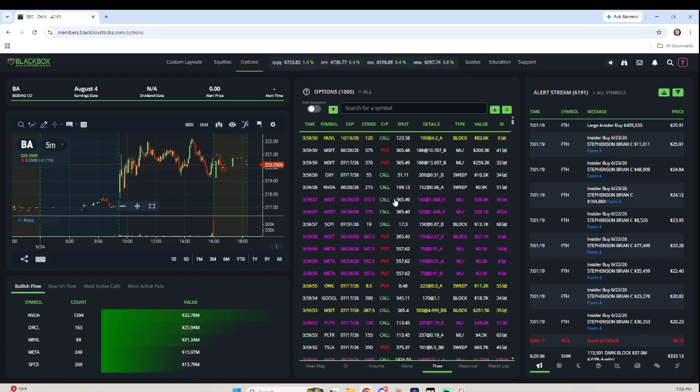So the biggest thing with flow would be to build a story. But if you're just going to blindly follow options flow, I would size for near zero, or be willing to sell when the options flow sells, like when the flow you followed gets out of open interest or something like that. I think those would be some of my best advice.